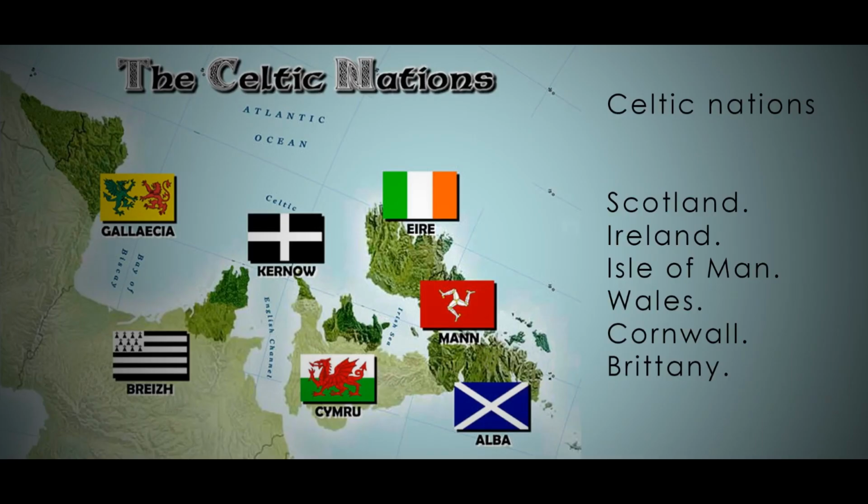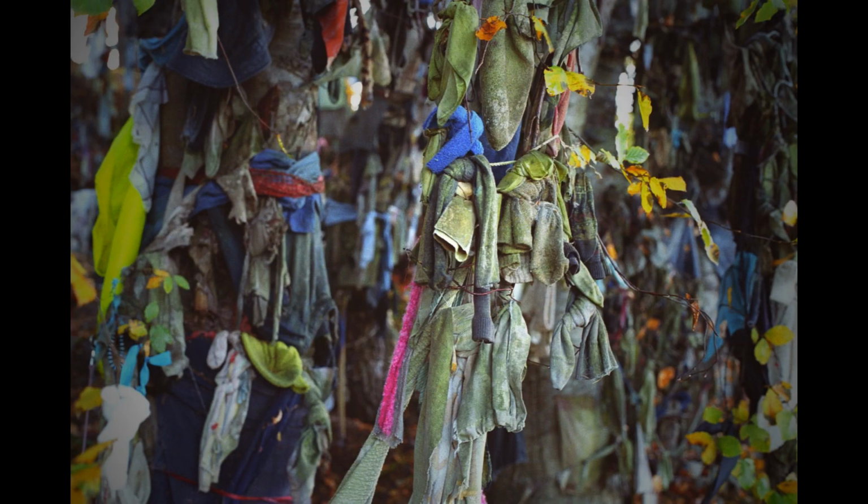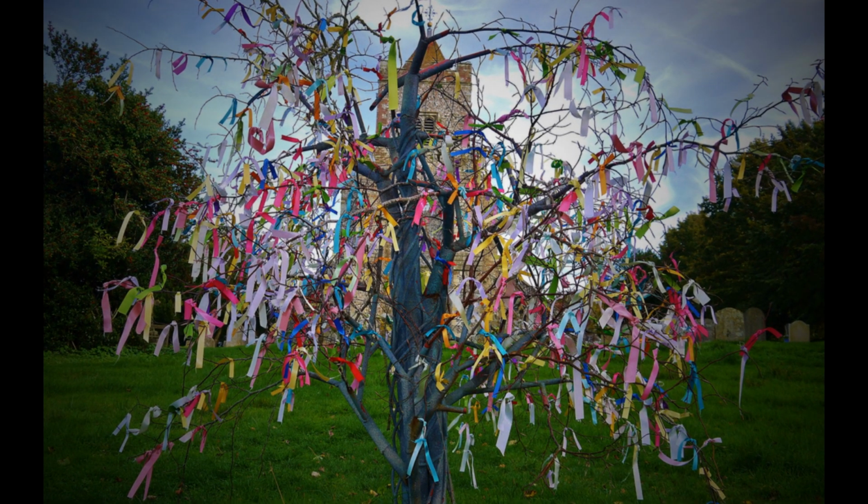Sarah Burton was on a trip to Cornwall, one of the Celtic nations. She went there to meet an artist called Barbara Hepworth, and on her way to the studio, she saw a very interesting tree with a lot of ribbons attached to it. It looked very cool.